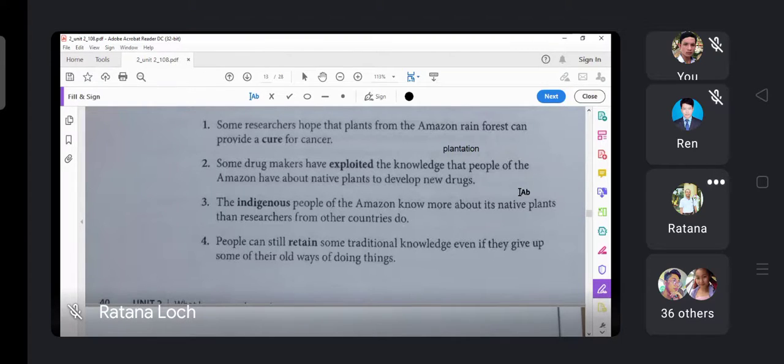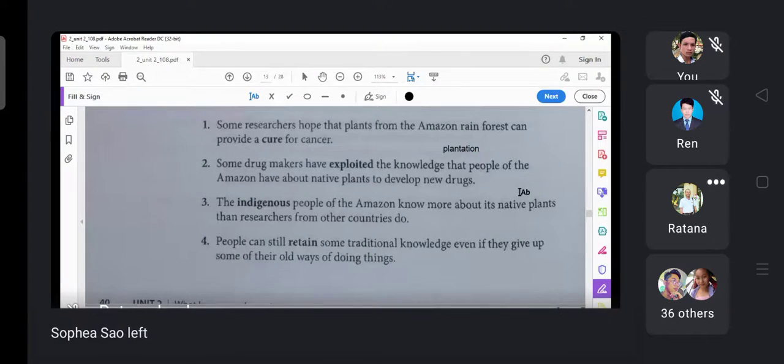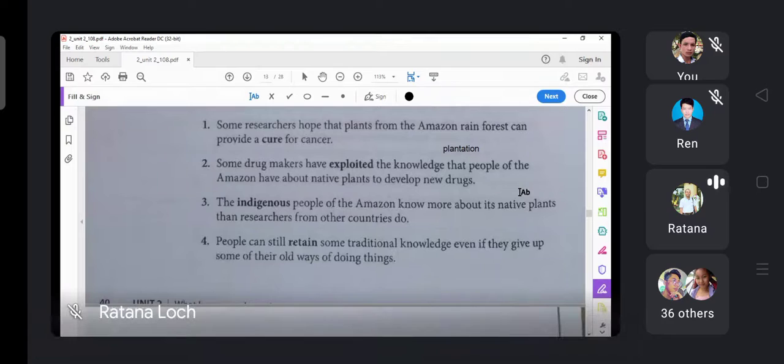So they exploit the forest, you can see, because they need the land to grow something, to grow plants. So they exploit the environment, they exploit the forest. So what does it mean?